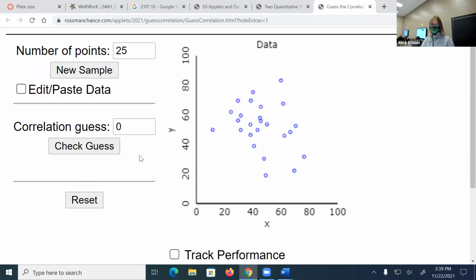Let's try again. Oh, this is very noisy. Looks a little bit negative, but very noisy. Maybe negative 0.3. So if you want to play around with this, the correlation guessing applet is sort of fun to mess with.